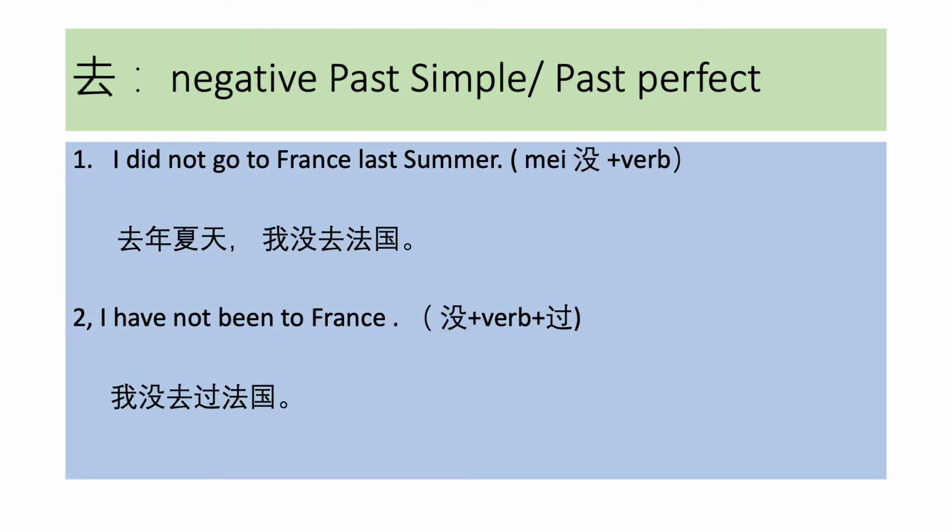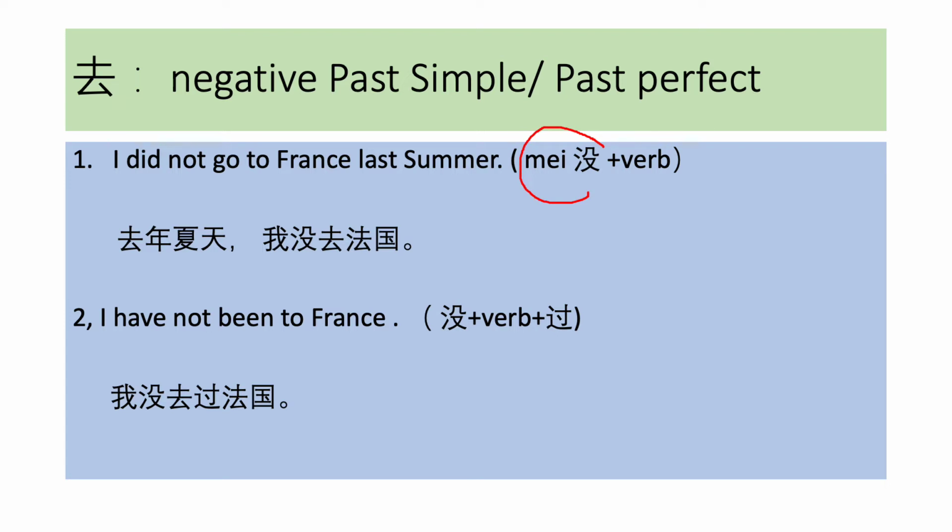Next one, how to negative past simple and past perfect. We do not use 了. Okay? Because if you negative an action, it actually means it never has happened. So we don't use 了. And we never use the other negative word we normally know as 不. No, we use 没.